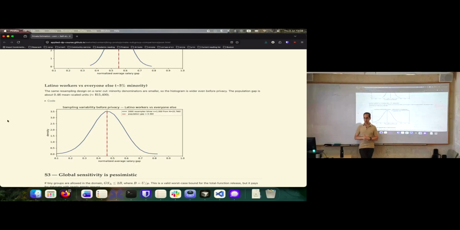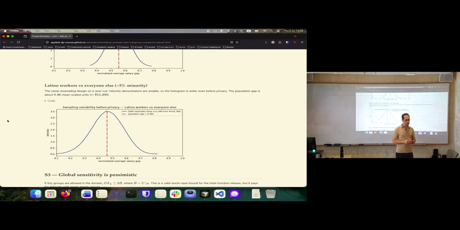Okay? And that is important for two reasons. One is that our privacy price will be larger when there's a smaller group, at least to some extent, and that is okay. Why is that okay? Because the statistics will have the same phenomenon. Again, it depends how big we are, etc., but it's doable.